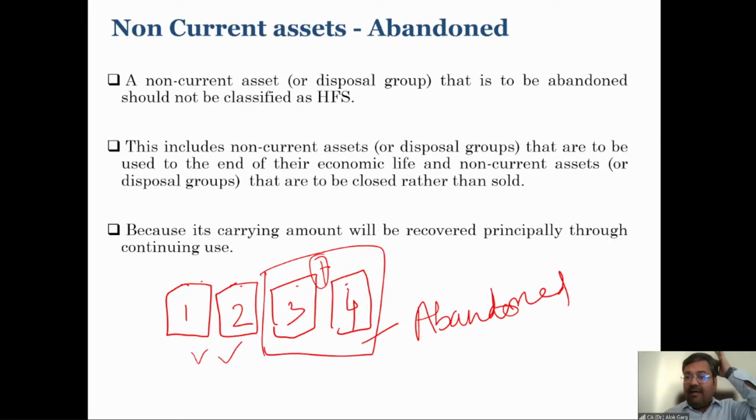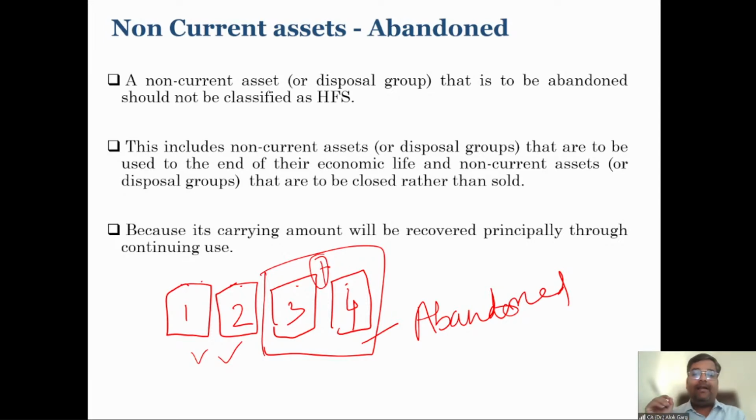Friends, if in the examination it is given that the asset is taken temporarily out of use and it will be used when the demand picks up, and the company does not foresee that the demand will pick up in the next 1 year or in the next 9 months, don't get confused with that. This is not a held for sale asset. This is an abandoned asset.